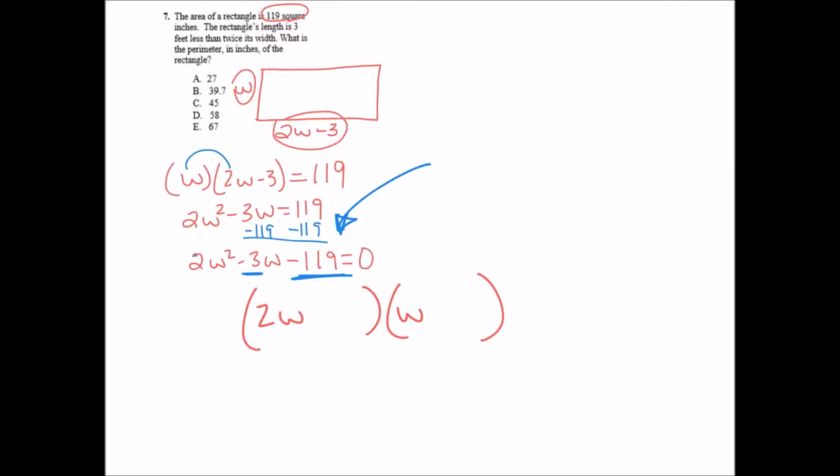I whip out my calculator and I actually find that 119 divided by 7 is 17. So 7 times 17 equals 119.